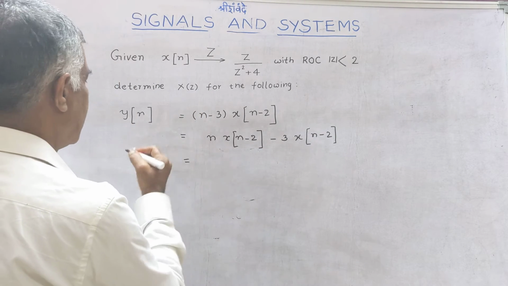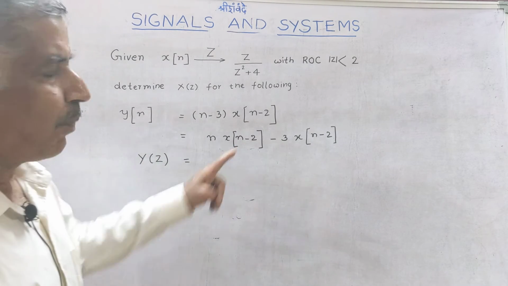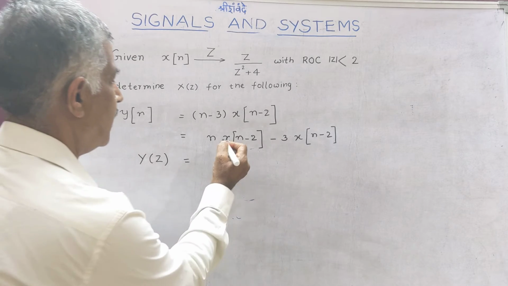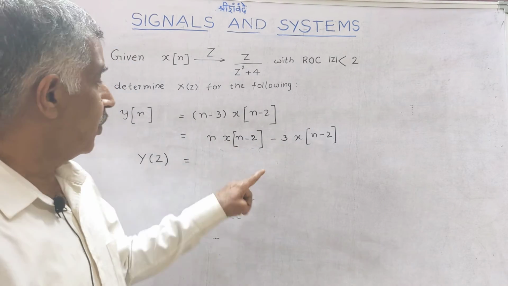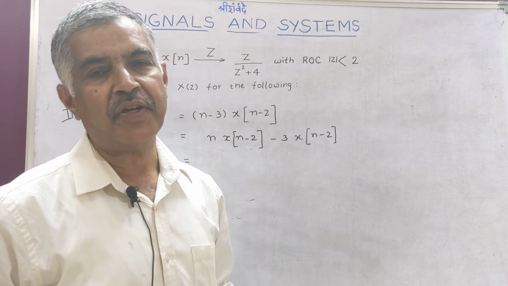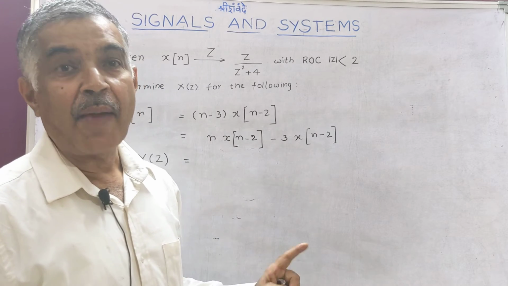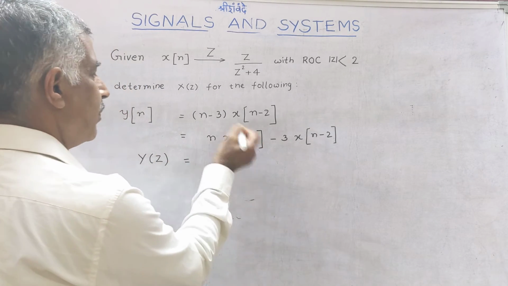Then y of z equals this one. There are two properties here: the shift property, then after the shift property, multiplication by ramp.